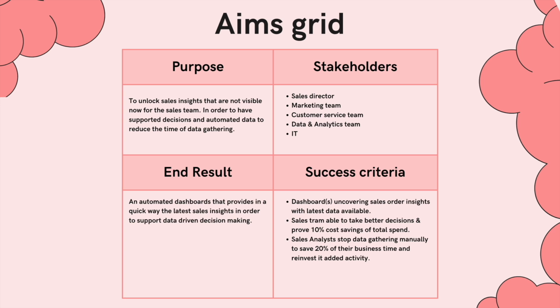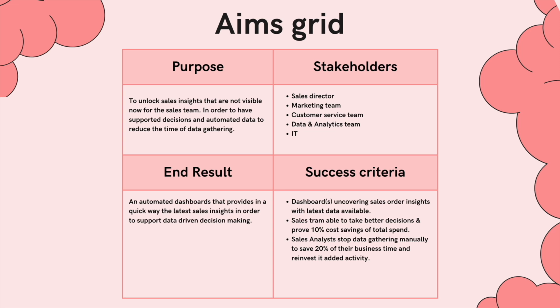For the stakeholders, we're going to have the sales director, the marketing team, the customer team, the data and analytics team, and IT. Although these people are all stakeholders, first the sales director is the one that hires us, so he's quite important, and he wants to see what you're doing and he wants to see these results.